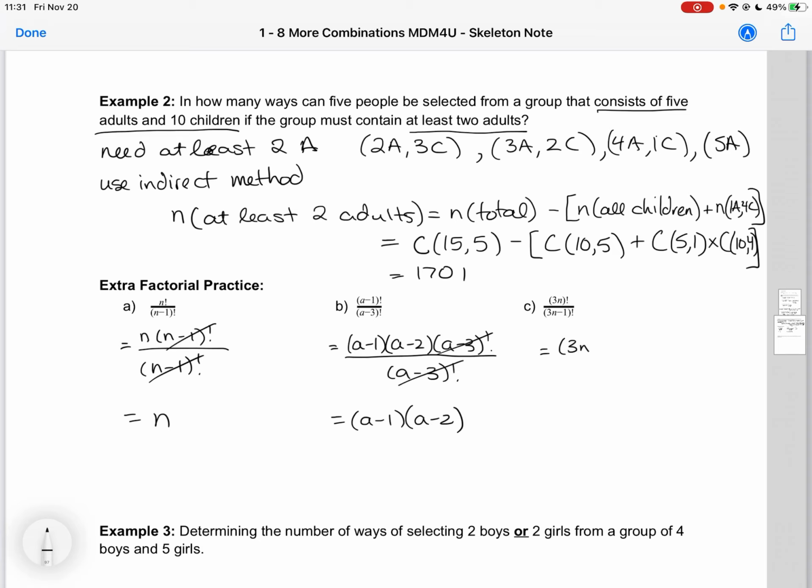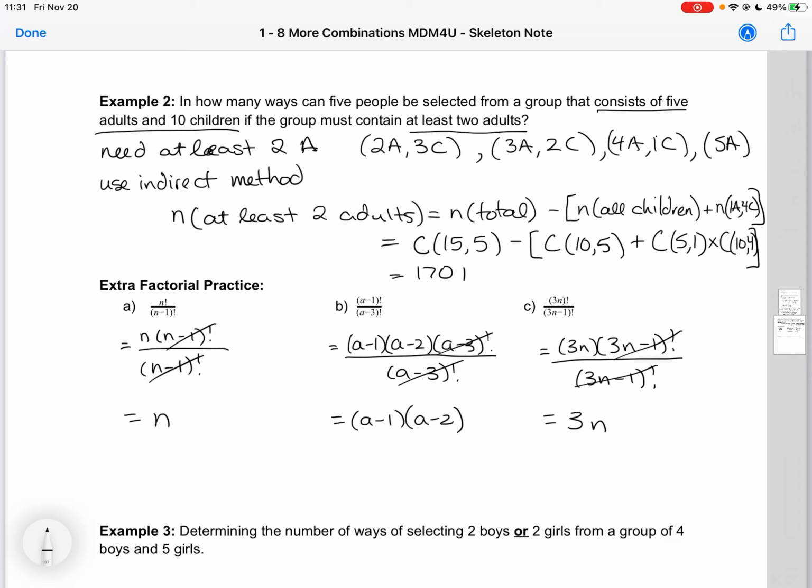And my last example here, we've got 3n times 3n minus 1 factorial, which is the same factorial that I have on the bottom. That allows me to cancel out those 2 numbers, leaving me with 3n. Being able to simplify factorials is helpful if you are not using the nCr button on your calculator. It allows you to simplify numbers a little bit.